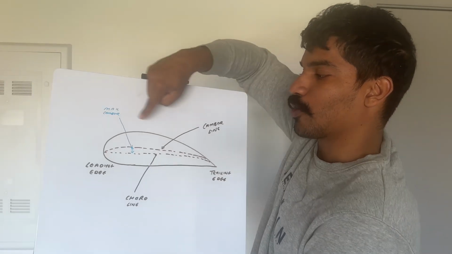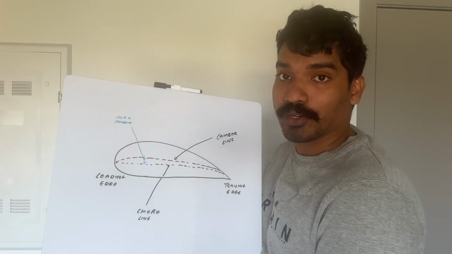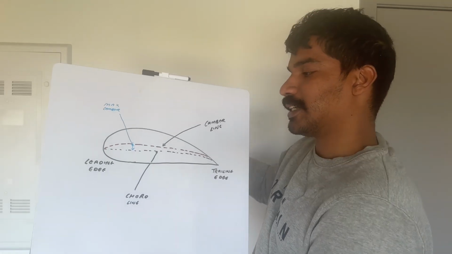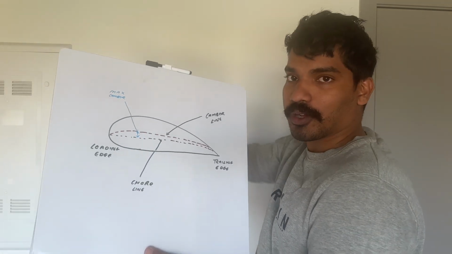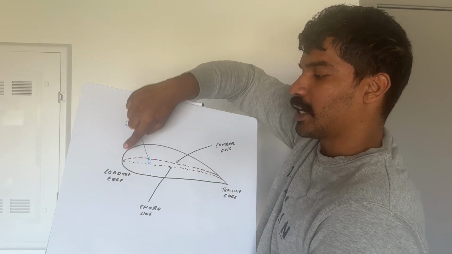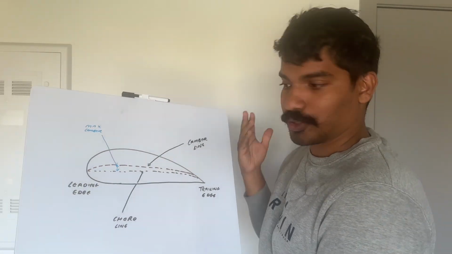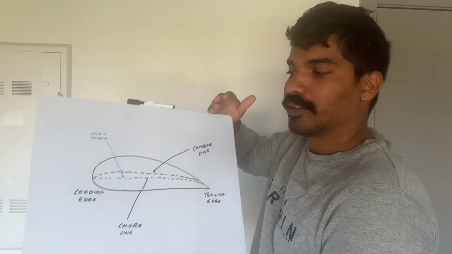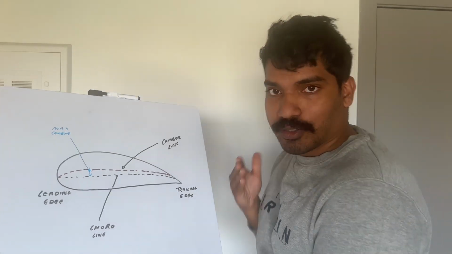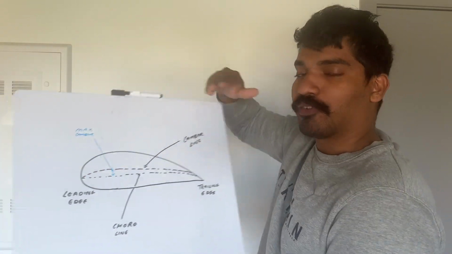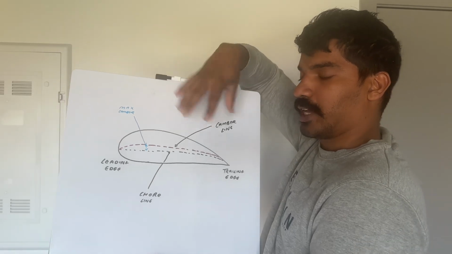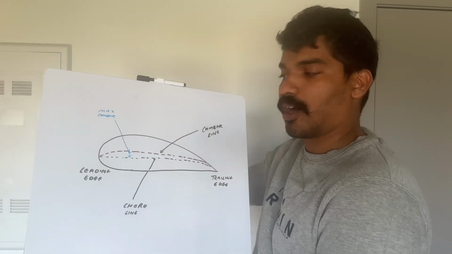But in case of a chord line, you may or may not always get two equal halves if you cut it. So the chord line is just a line from the leading edge to the trailing edge. The camber line is a line from the leading edge to the trailing edge again, but it divides the aerofoil into two equal halves, right?